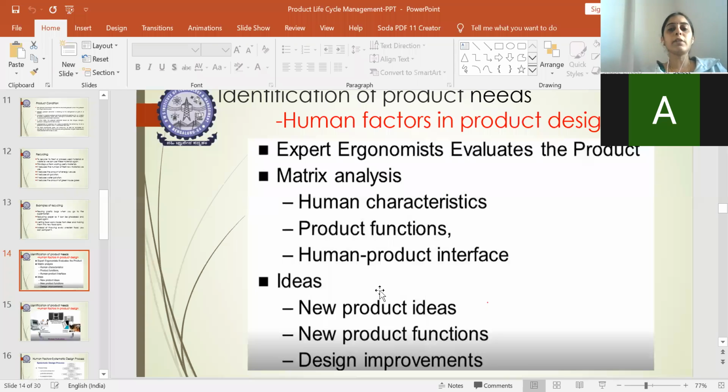We have different stages in the product design where the intervention of the human being is very much needed. And one thing we have to consider here is that any product we design should be ergonomically designed. If it is ergonomically designed, then only it will be comfortable for human beings to use.